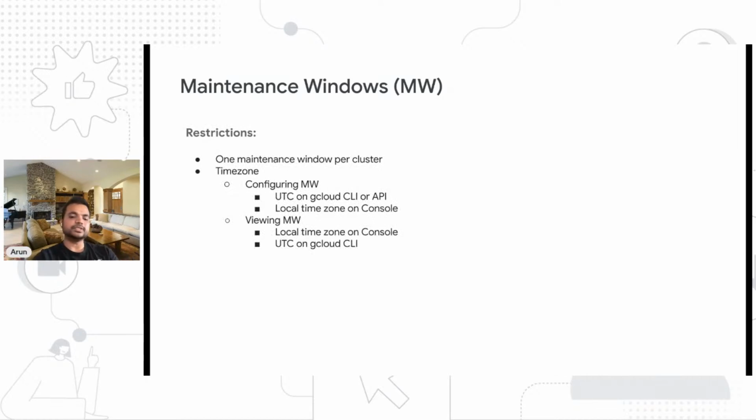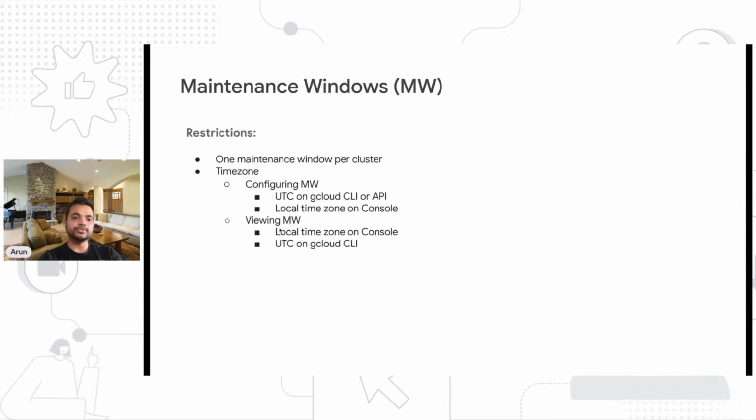And the reason why I mentioned the time zone is because it's really important. Sometimes I've seen issues where a customer has scheduled a time in their local time zone, but actually GKE read it in UTC. So there was a misunderstanding of how the timing works when you are upgrading your maintenance window. So when it's gcloud or API, it's in UTC, and if you are using the console, it's whatever local time zone you are in.